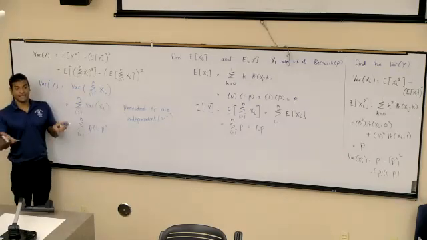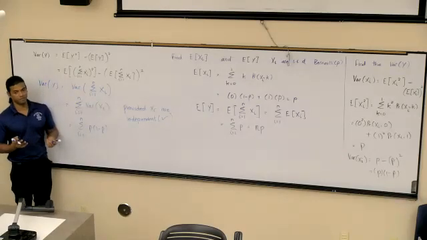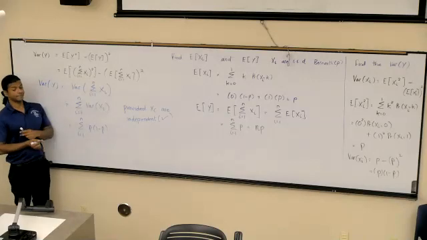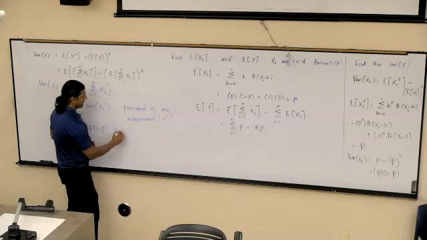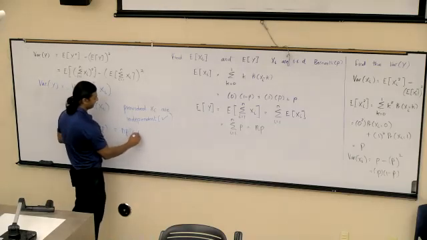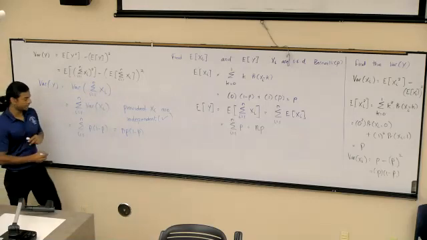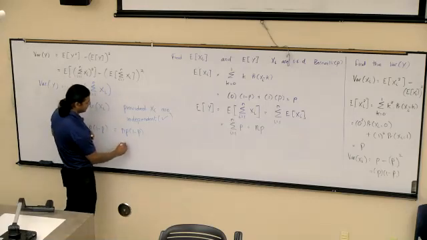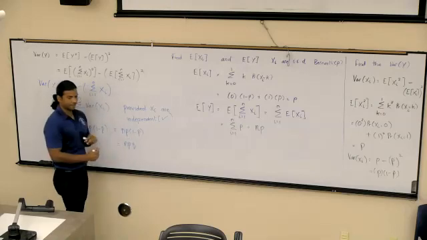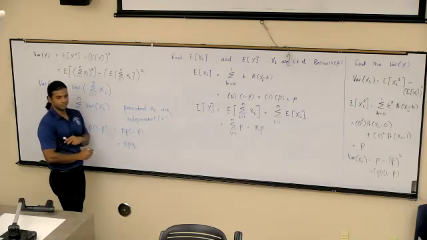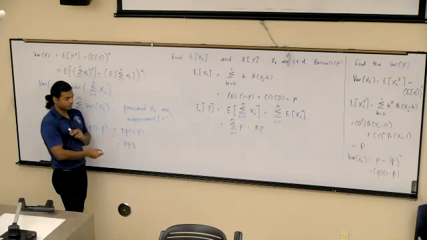I'm summing n of p times 1 minus p. What should I get? n times p times 1 minus p. You know, from statistics 2023, you might remember a formula n times p times q. Or n times p times 1 minus p.